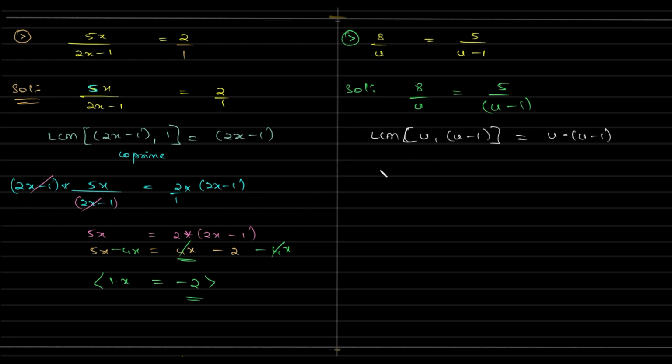So all I have to do now is multiply both the sides with u into u minus 1 and just copy whatever the question is, 8 by u is equal to 5 by u minus 1, into u minus 1. So u minus 1 gets cancelled, u and u gets cancelled. So u minus 1 times 8 is equal to 5 times u.